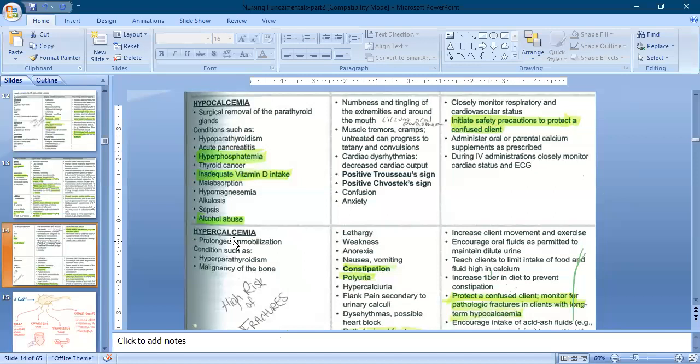Hypercalcemia is when the calcium level is more than normal. The causes of hypercalcemia are hyperparathyroidism, long-term steroid use, or bone cancer.